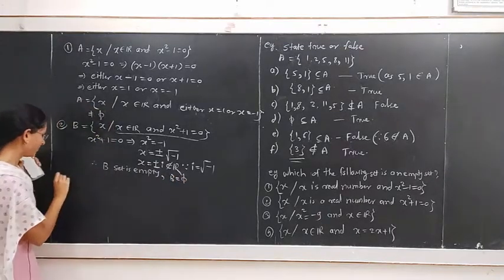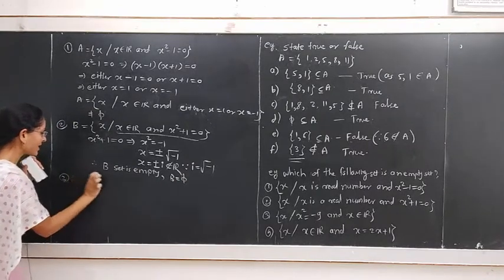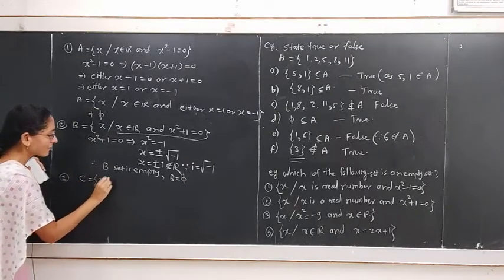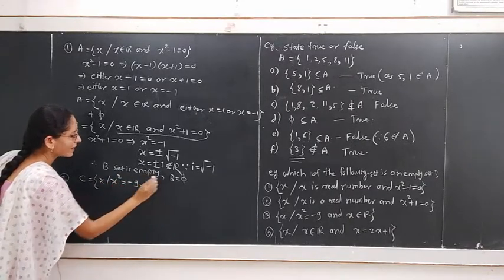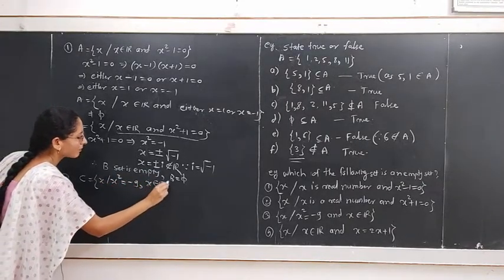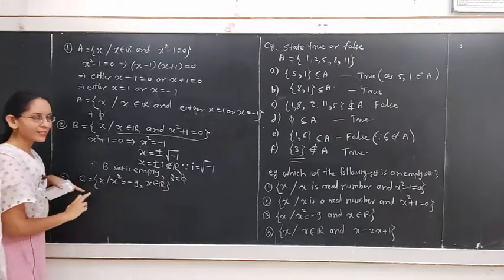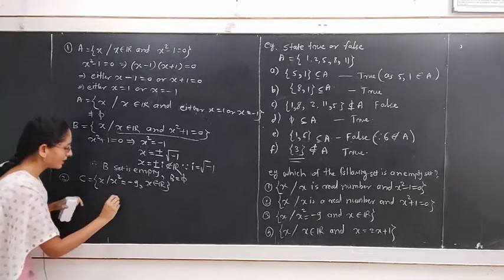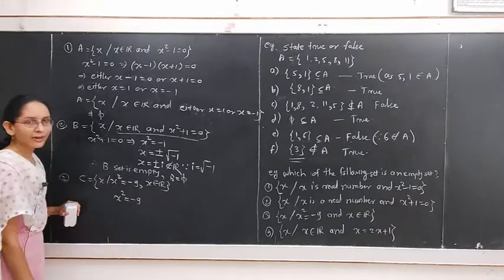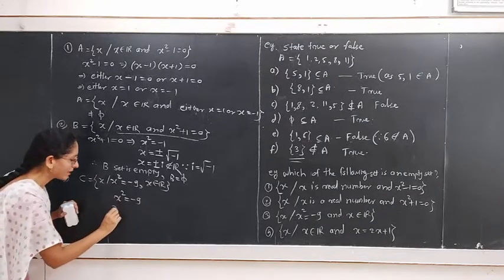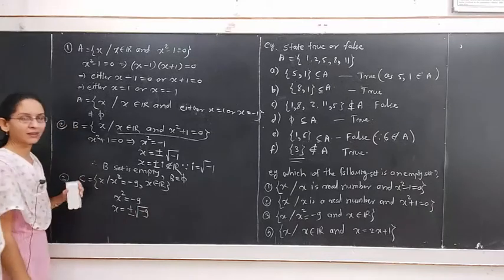In the third example, the set is given as, suppose that set is C, x where x square is equal to minus 9, again x belongs to R. To get this set C, we solve this equation, x square is equal to minus 9, and taking the square root of both sides, we get x is equal to plus or minus square root of minus 9.